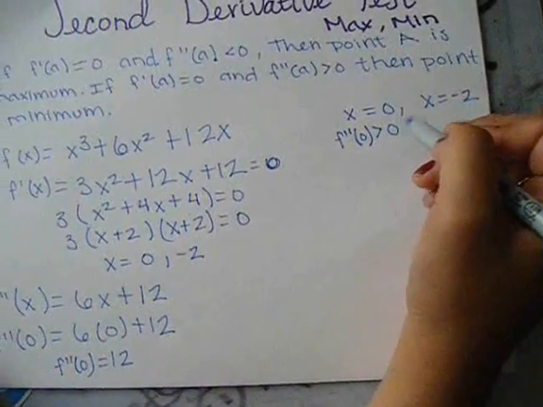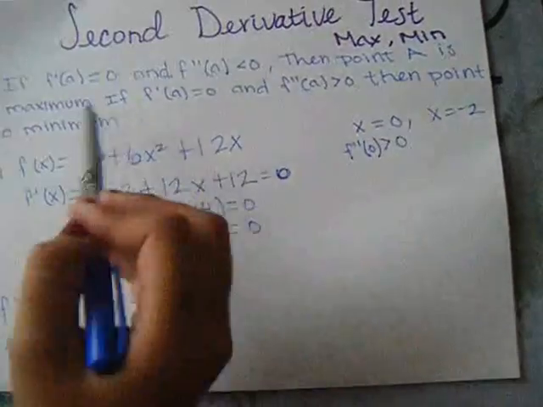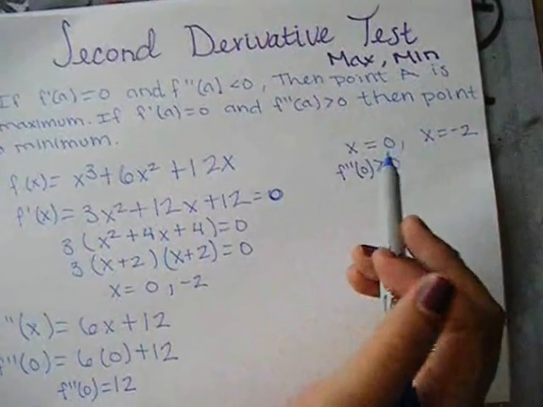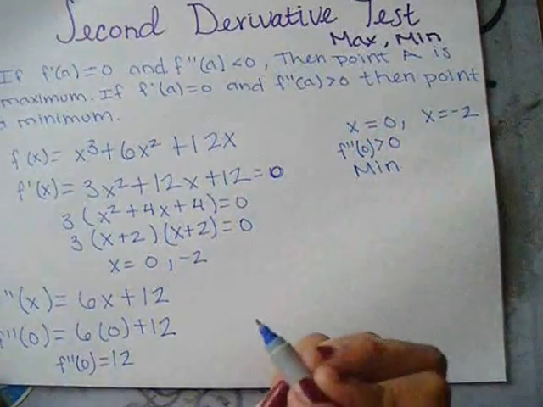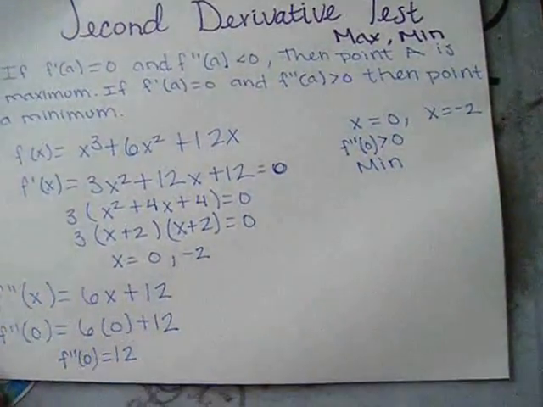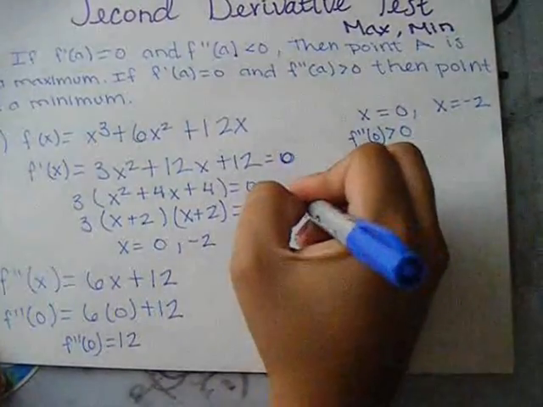That means, if we go back to our main point, that 0 is going to be a minimum. And now we're going to go ahead and test out x equals negative 2.